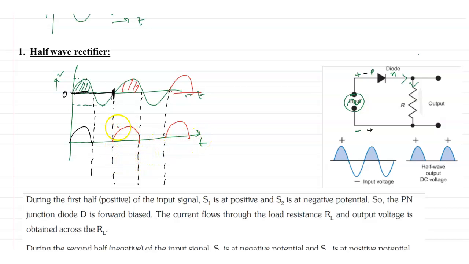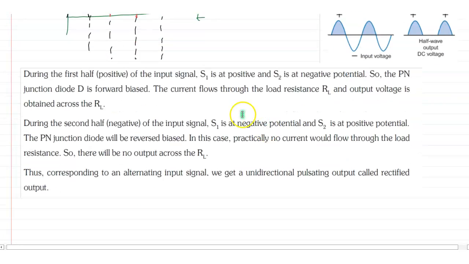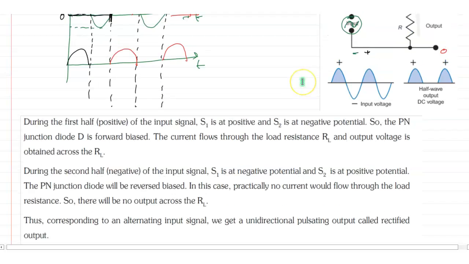Here you can see the value of voltage is not the same, sometimes maximum, sometimes 0, but the direction of voltage is the same: one terminal is always positive and the other is always 0 or negative. That means we are able to convert AC to DC. Here it is written that for the first half cycle, signal S1 is positive and S2 is negative.